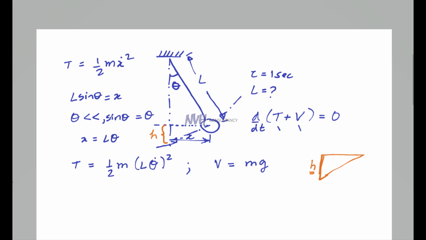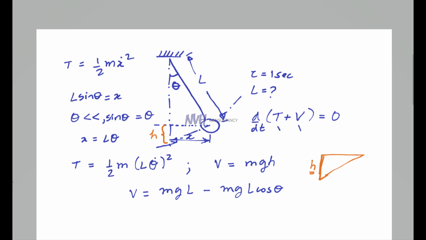Basically, if you look at this, V equals mgh. So in other words, we can write V equals mgL minus mgL cosine of theta. You can see that this is the L distance, right?